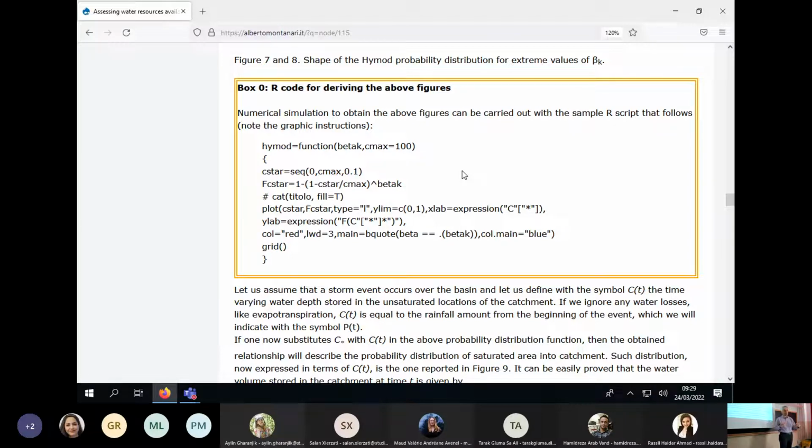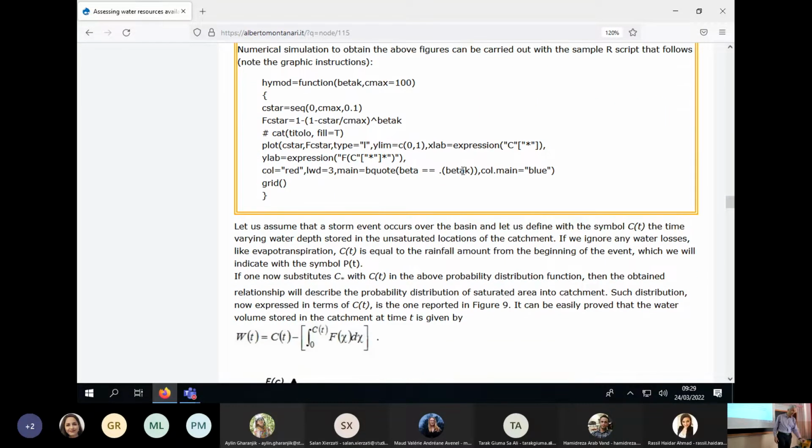Because by playing, you understand better what's going on. And you see that the function has two parameters, because we have two parameters in the relationship. And the two parameters are beta and Cmax.